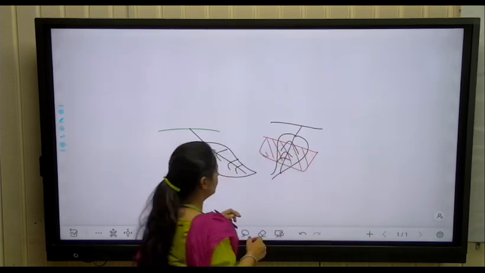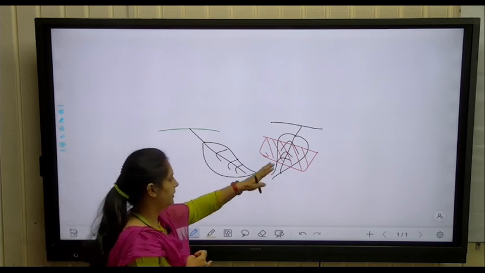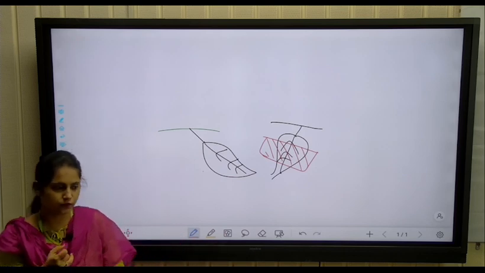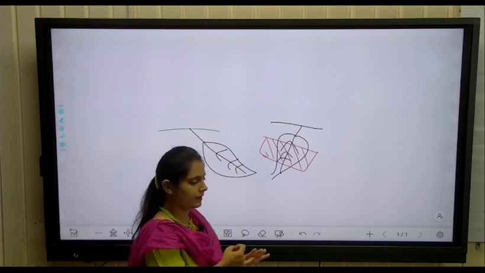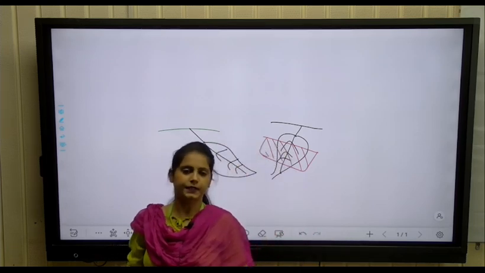So, we took two leaves and we covered only one leaf with a black paper, with the paper which should not be transparent, which should be black or any dark color, because it covers the green surface of the leaf.